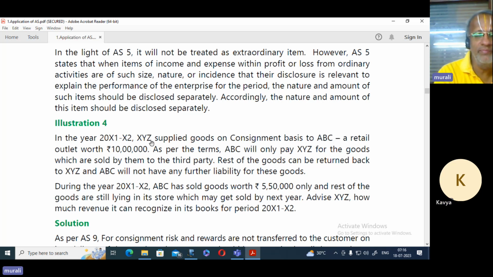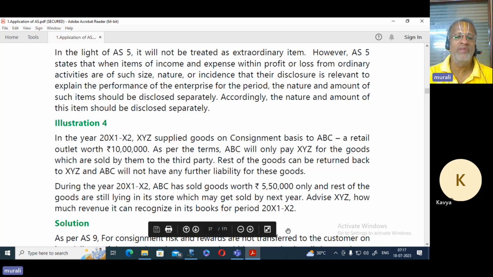See here, XYZ Limited sent goods on consignment basis to ABC, and the item is worth a million. And ABC will pay XYZ only when goods were sold to the third party. Rest of the goods not sold can be taken back to XYZ, and ABC will not have any further liability for these goods.